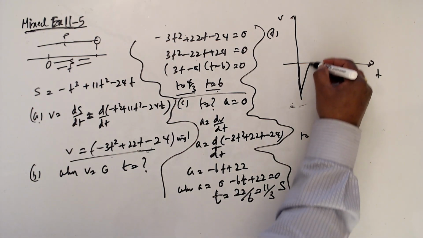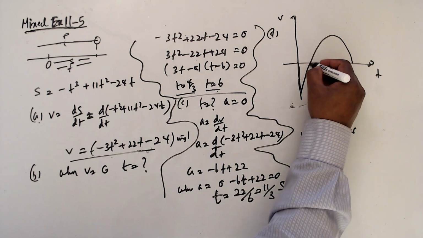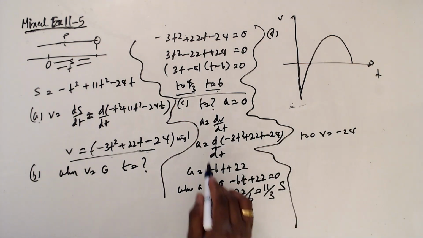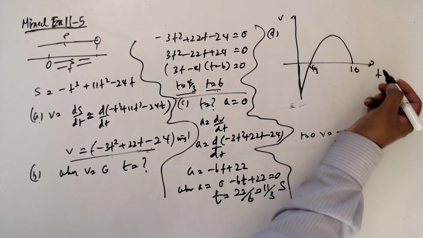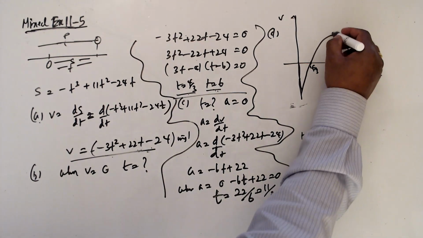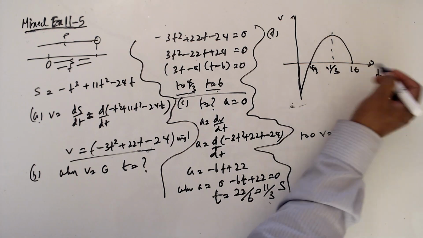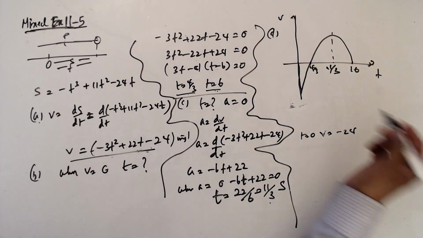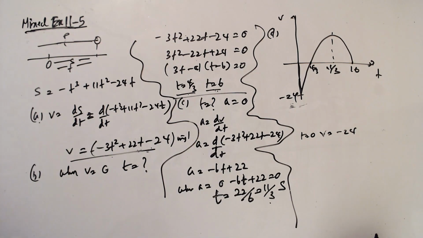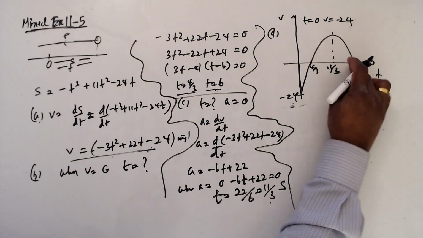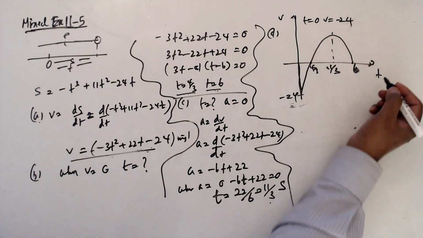So for this kind of graph, we found those two values. This is 4 over 3 and this is 6, and this is the maximum value at 11 over 3 time, and this is minus 24. This is 6, not 16.